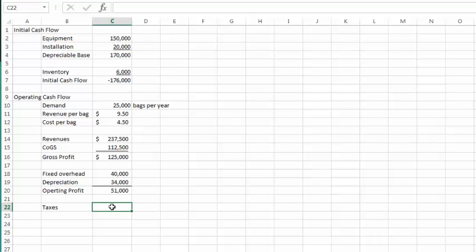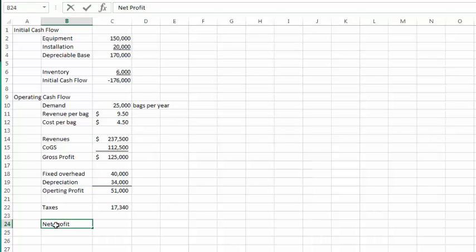We're looking at the after-tax cost of debt. Because of that, we don't have to take into account the interest before we take out the taxes, which we usually would do. I'm hoping that makes some sense, but who knows whether it does or not. So we're going to take the 34% times the 51,000, and then we'll get net profit.